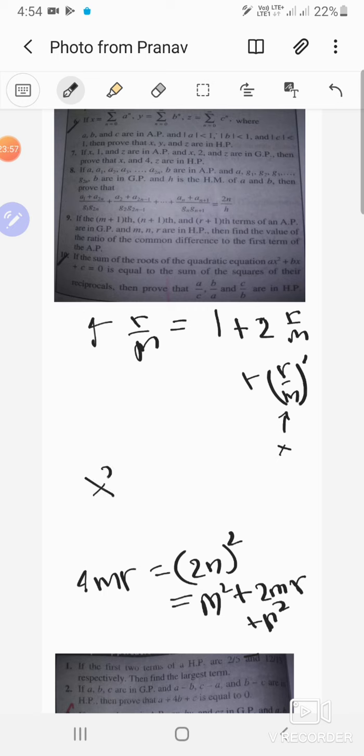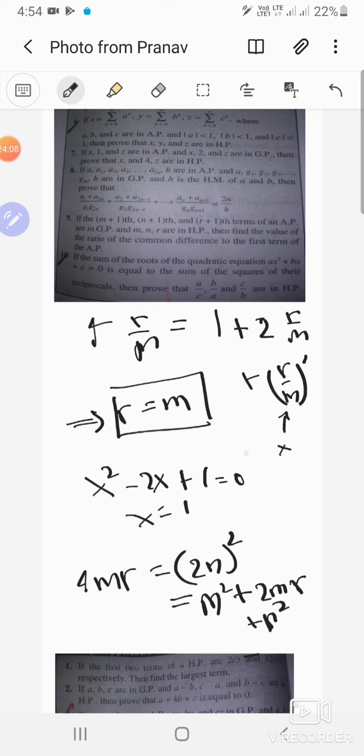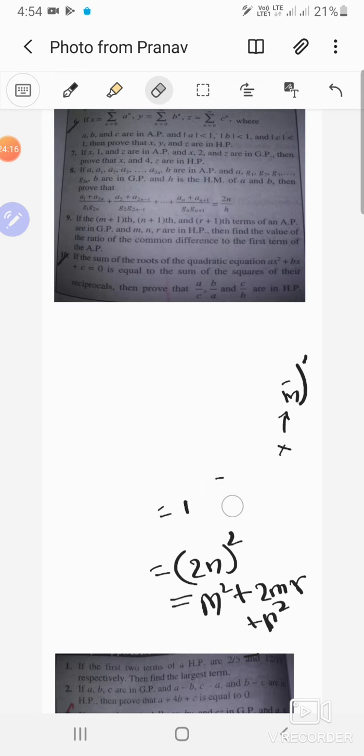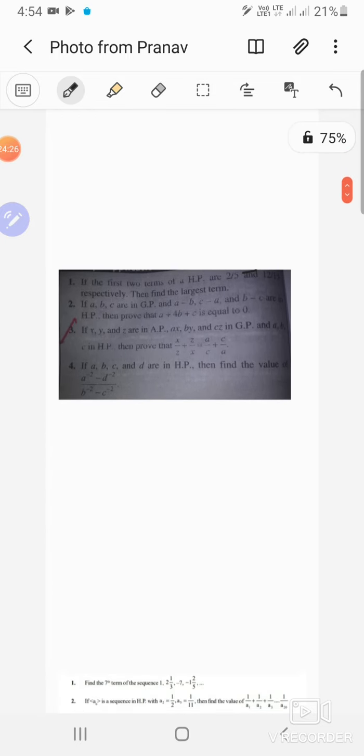So you will have x squared plus 2x plus 1 equal to this thing, so x squared minus 2x plus 1 equals 0, so x equals 1, which means that r should be equal to m. Wow. Which also means that n is also equal to r, so all of them are actually equal. Fine. So here if we assume that m, n and r are not all the same, that they are distinct, then we get the answer which we got before.